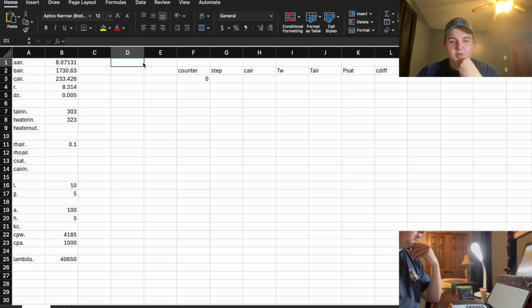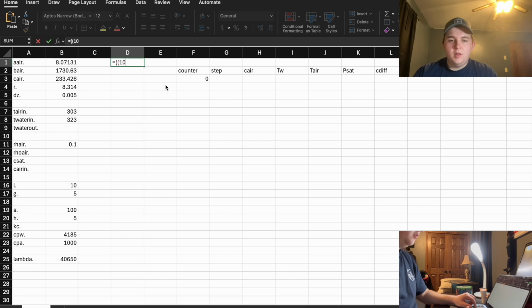So here we're just going to do Antoine's equation quick to solve for P sat. So we know that is going to be equal to 10 to, and then we got our A, B, C, A plus B over C plus T. So we got our 10, and then we got A air dot, right? Okay, yeah, A air dot, and then minus, and then we have our B in the numerator. So B air dot, okay, I was making sure that was working. Technically they're not formulas right now.